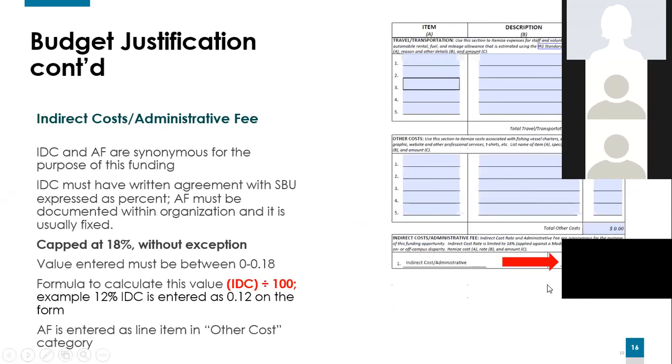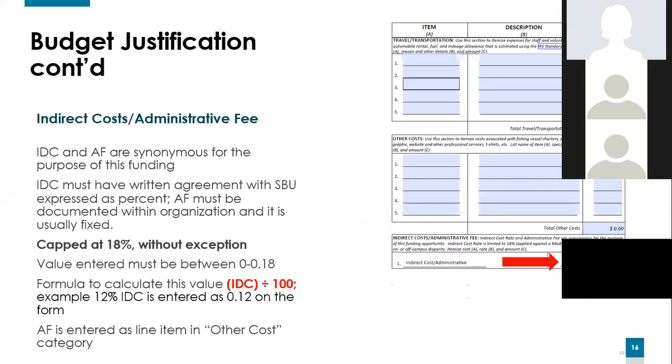In this box here by the arrow. So as an example, let's say an applicant's organization has a 12% IDC. Then they will take that 12 divided by 100, and they will get the answer of 0.12. They will then enter 0.12 on the form.